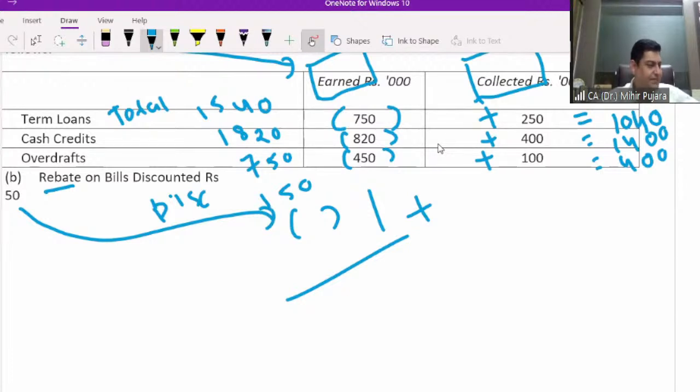Yes, guys. Sir, it is a closing rebate, naturally. And therefore, sir, it should be minus. And the final discount should be considered as 100.